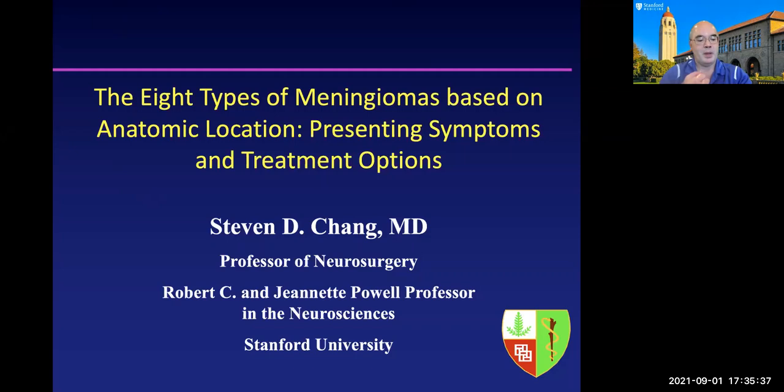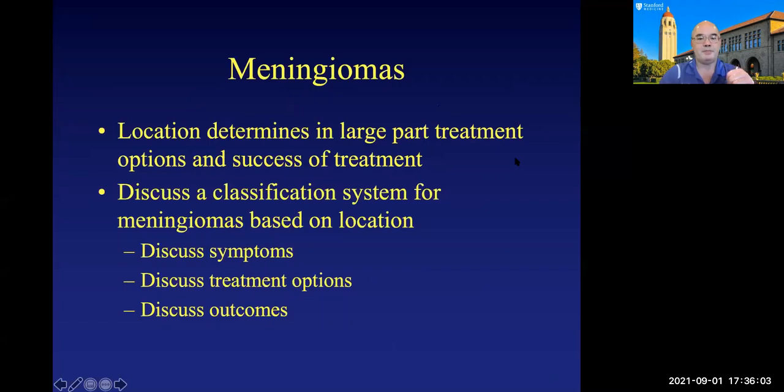What I was going to do is classify for you the meningiomas based on about 8 general types, and show you the location of these types of meningiomas and the type of symptoms that can present based upon each of these locations, and also strategies to manage them, because the strategies are different from location to location.